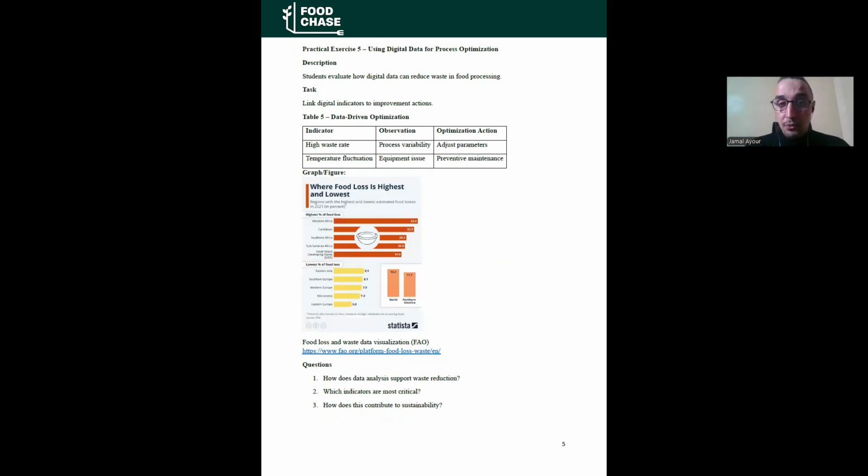About exercise number 5, using digital data for process optimization, students evaluate how digital data can reduce waste in food processing. The objective is to analyze different indicators regarding high waste rate and temperature, with different observations and optimization actions. We also have this graph showing where food loss is highest and lowest with different parameters.